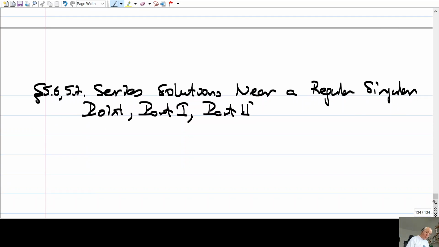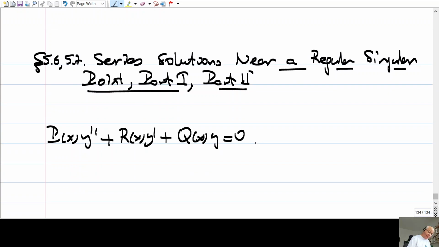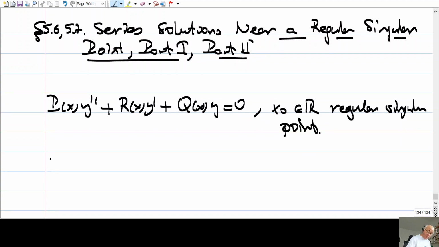Okay, so this time I have P(x) y double prime plus Q(x) y prime plus R(x) y equals 0, and x0 is a regular singular point. In other words, P(x0) equals 0, but these limits exist.